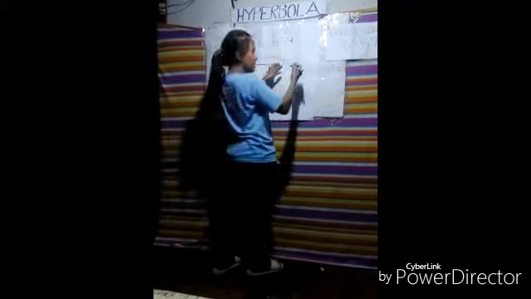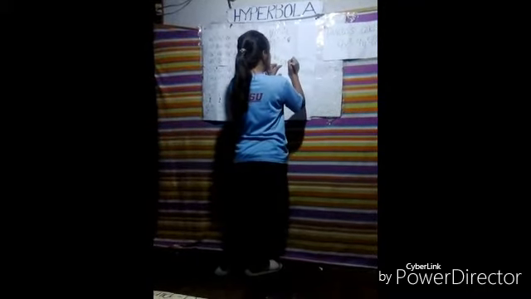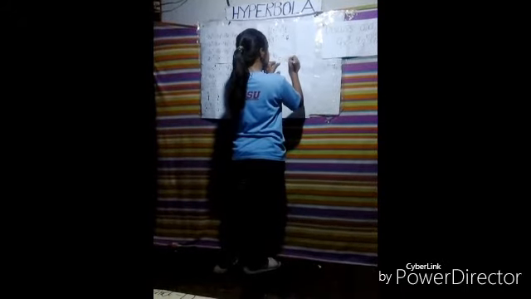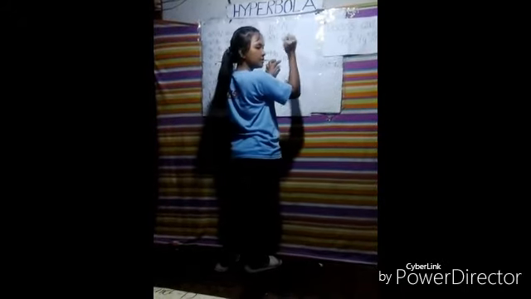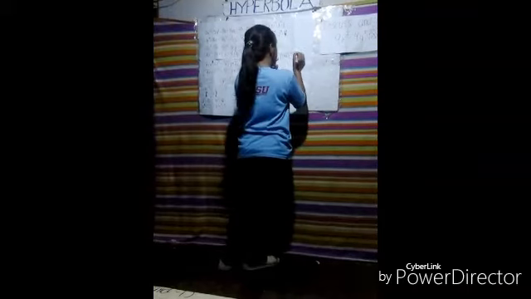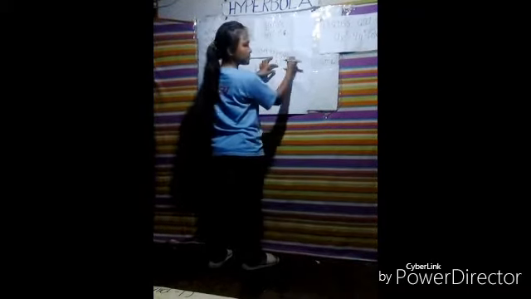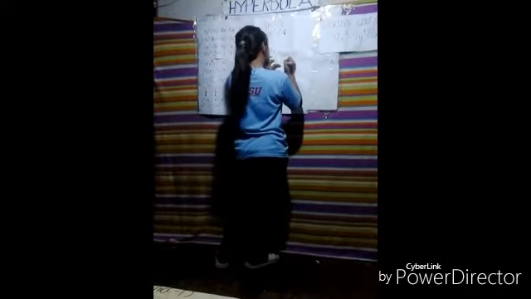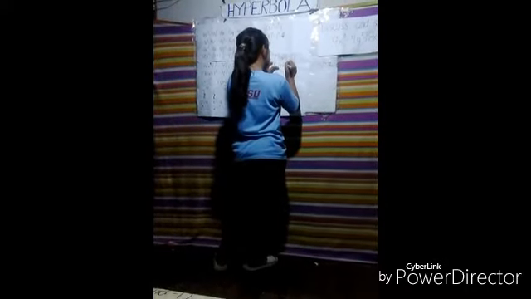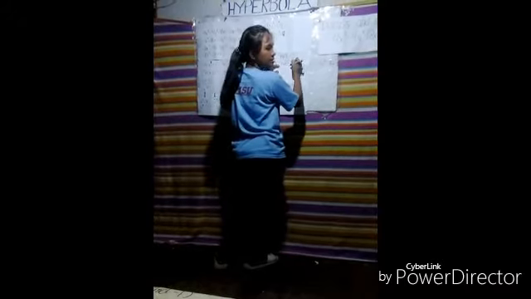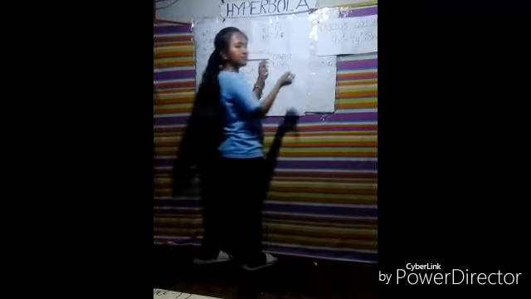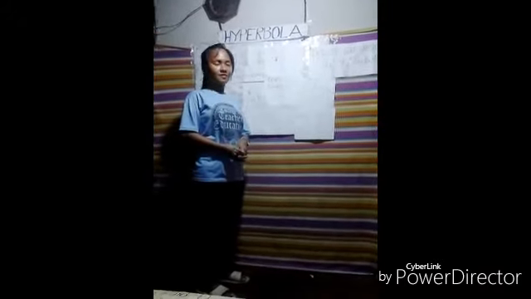In this way, we can now find the two foci. F1 is (1 plus square root of 13, negative 2). F2 is (1 minus square root of 13, negative 2). Find the eccentricity.